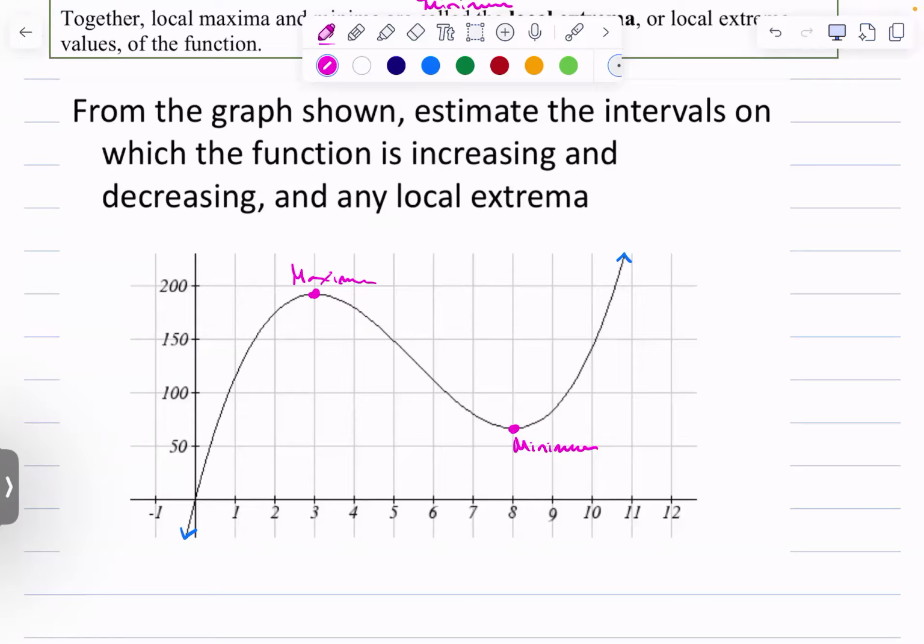Now, let's confirm that, okay, so for it to be a maximum, it has to go from increasing to decreasing. That's true. So here, looks like I am increasing, and then I'm decreasing, and then I'm increasing again.